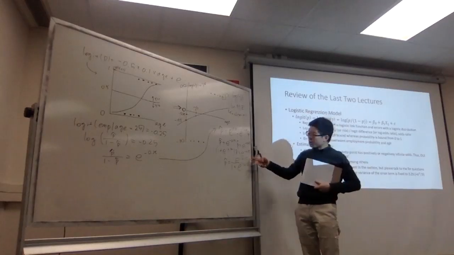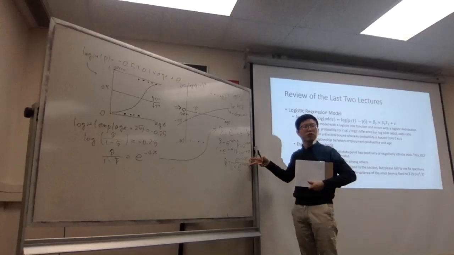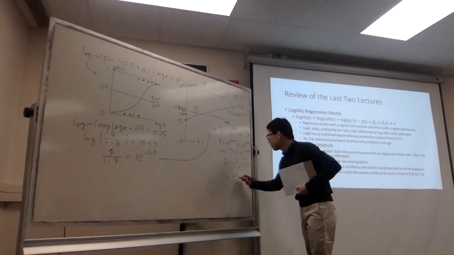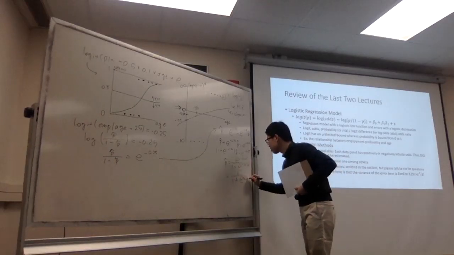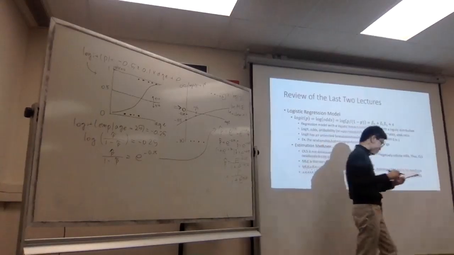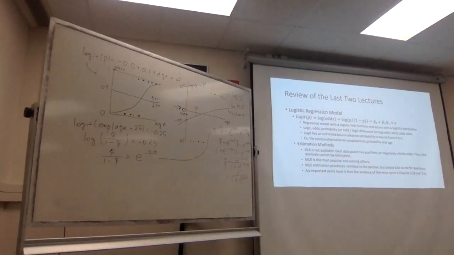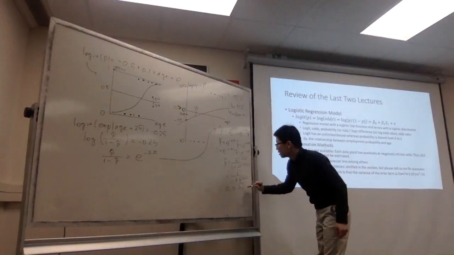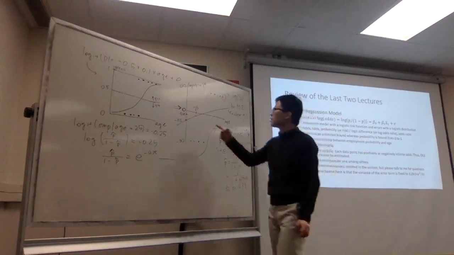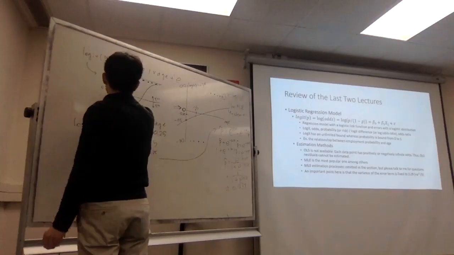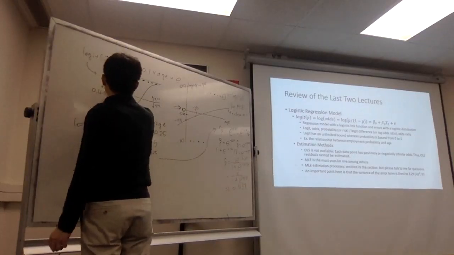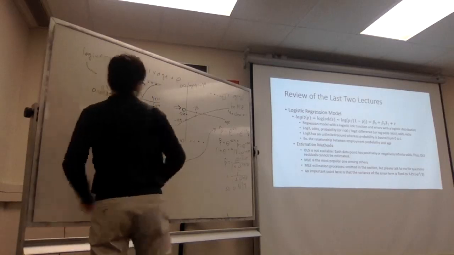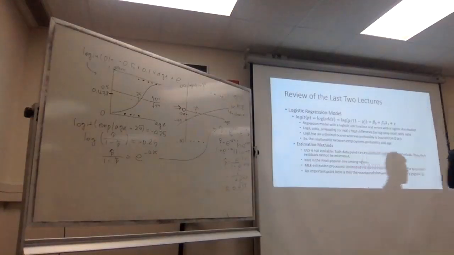If you divide by this number on both numerator and denominator, then it becomes 1 divided by 1 plus e to the 0.25, which will be about 0.438. So it can be translated into the predicted probability at the age of 25.